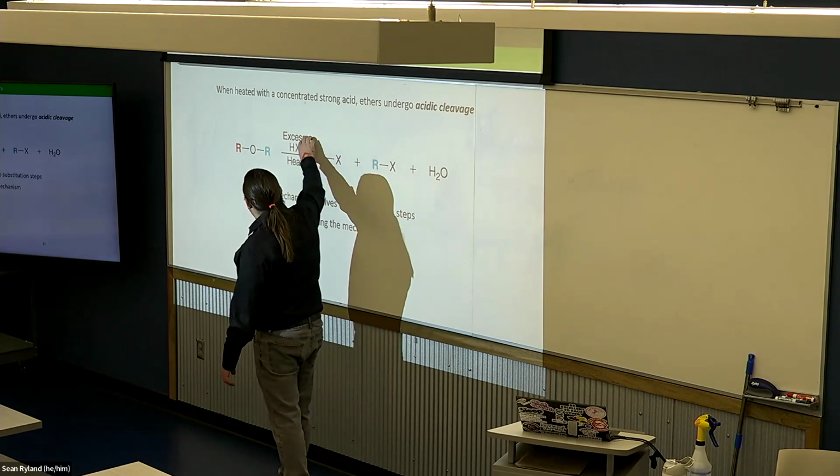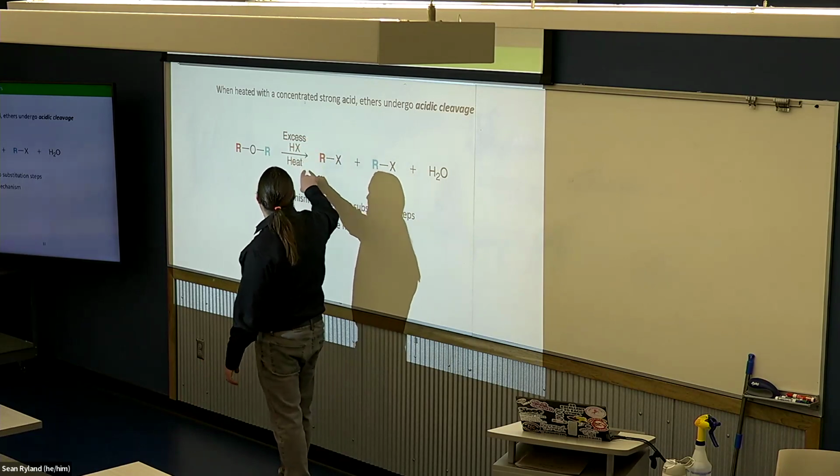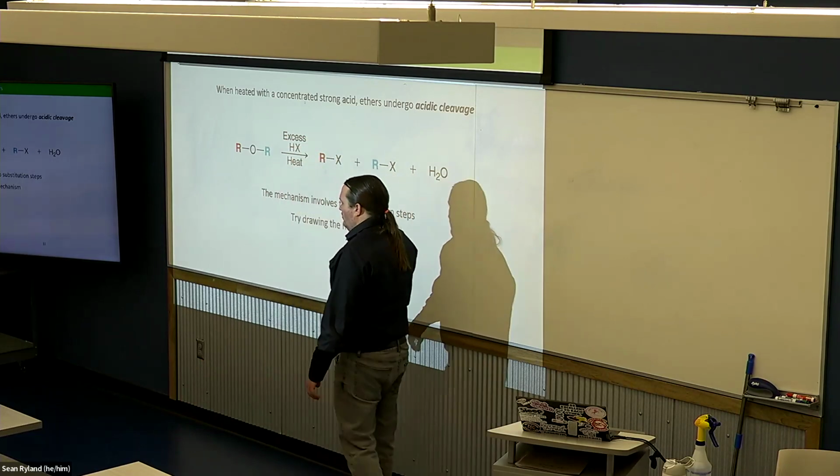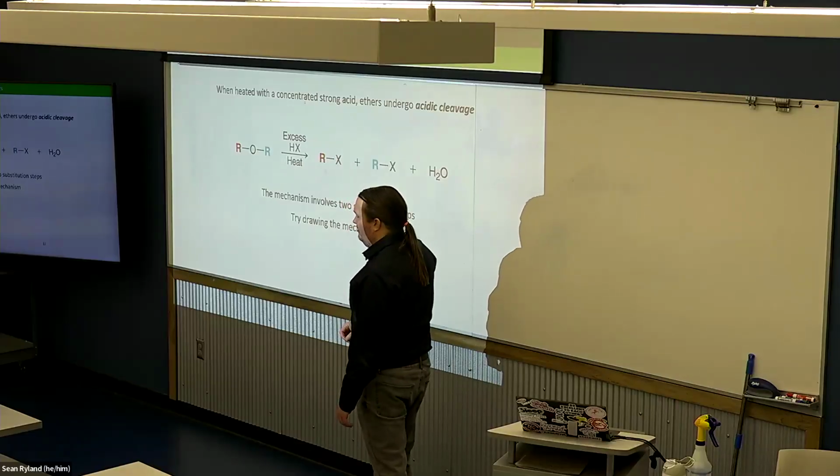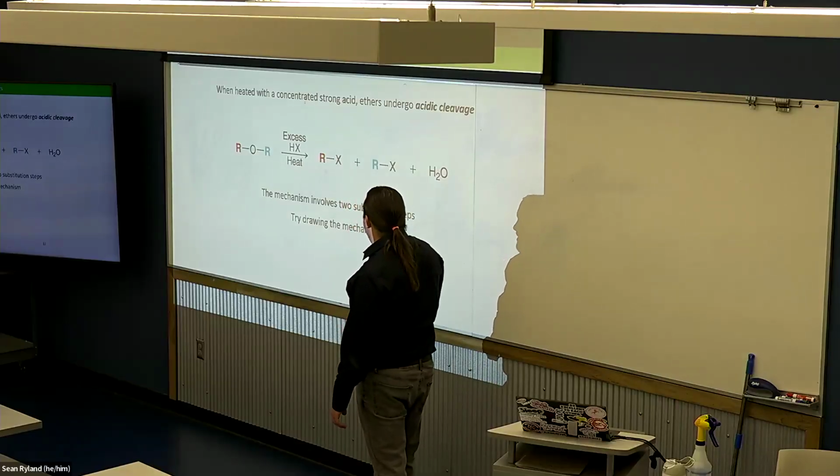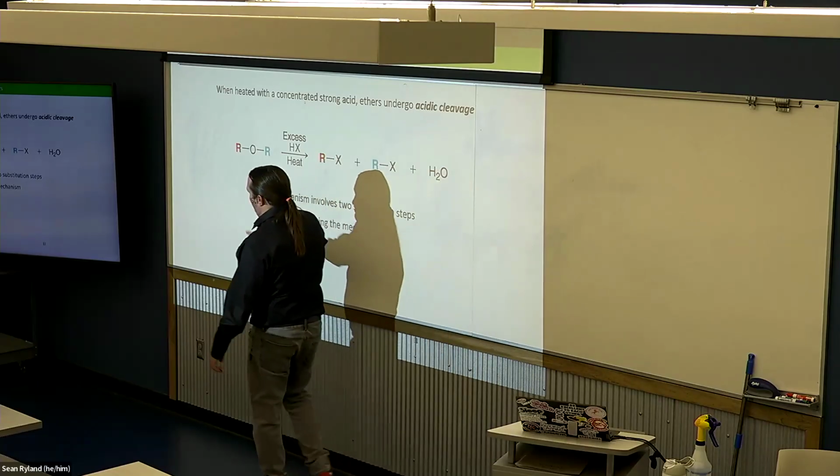If we use a whole bunch of strong acid and heat, we basically just do a couple of substitution reactions, and we wind up breaking the ether apart.